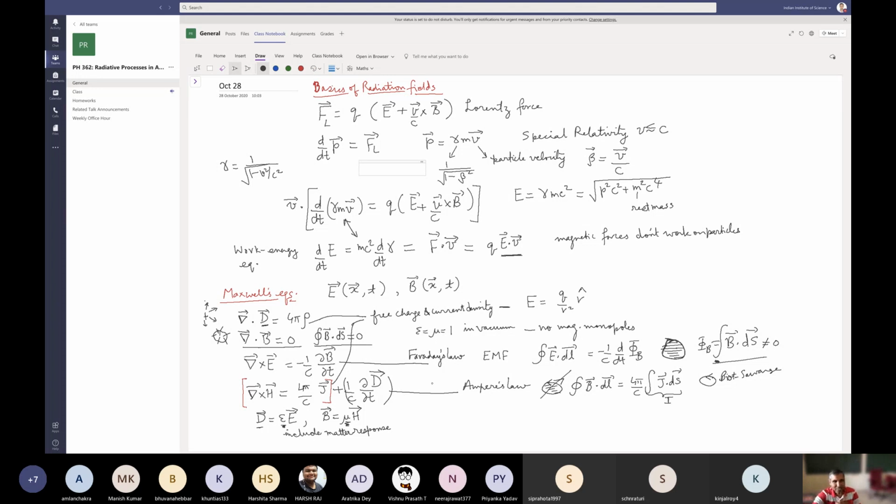What is the problem if we don't have the displacement term in the last equation here? This term. Can someone speak up and tell? Please tell your name and then speak up. I am Sipra.